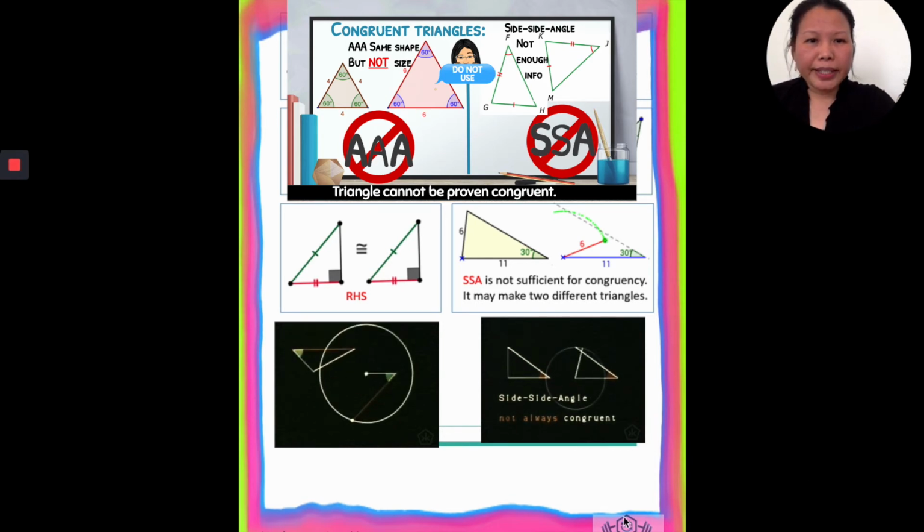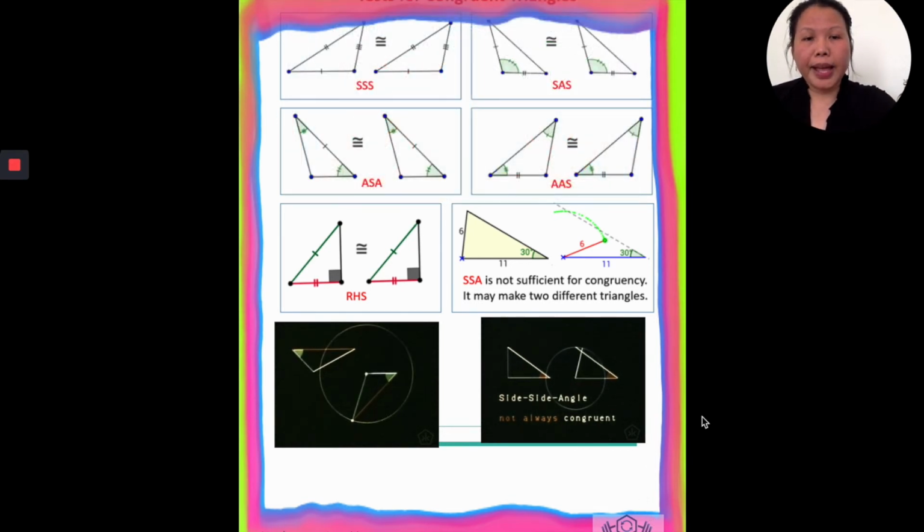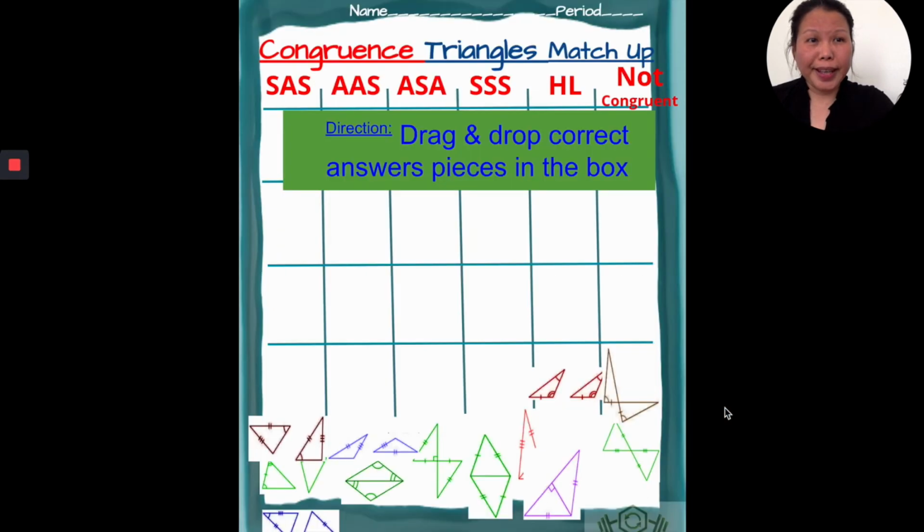Math Rep is the assignment name, and what you're going to do is drag and drop the correct answer pieces into the correct box on top with the title: side-angle-side, angle-side-angle, angle-angle-side, side-side-side. Hypotenuse leg, we use this one, we don't use the other one, RHS.